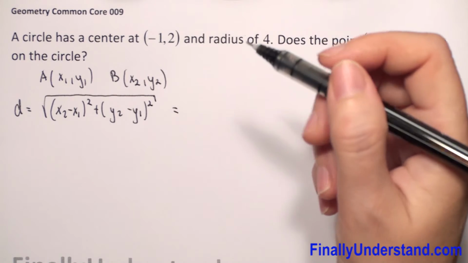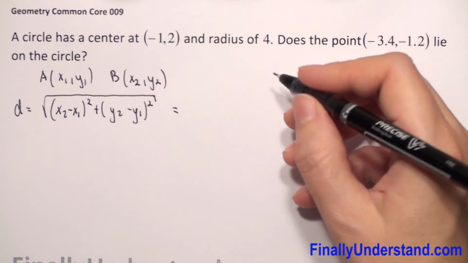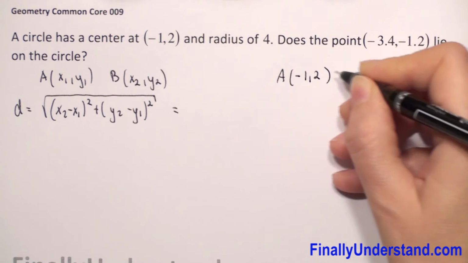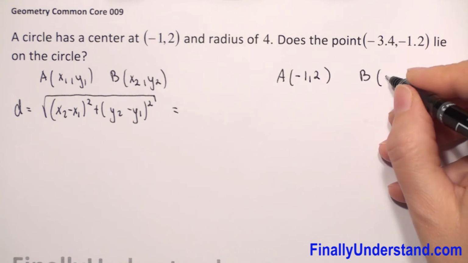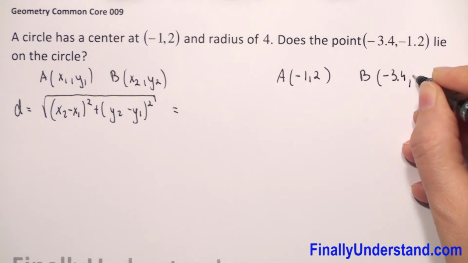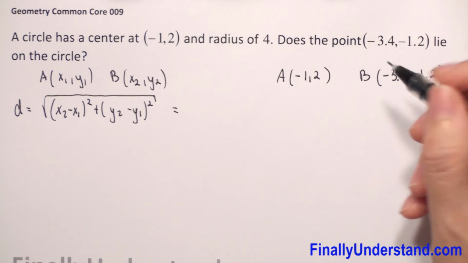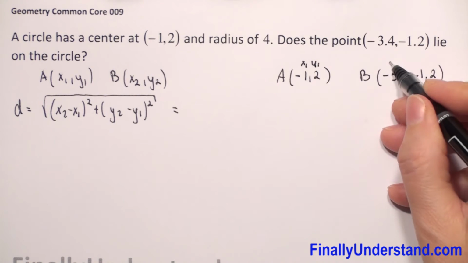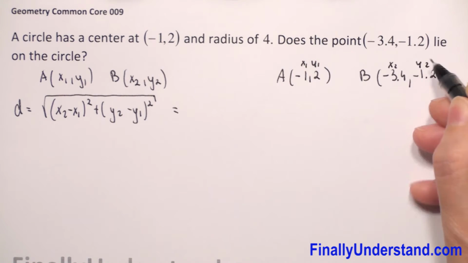So if point A is (-1, 2) and B is (-3.4, -1.2), this is our x1, y1, x2, y2.